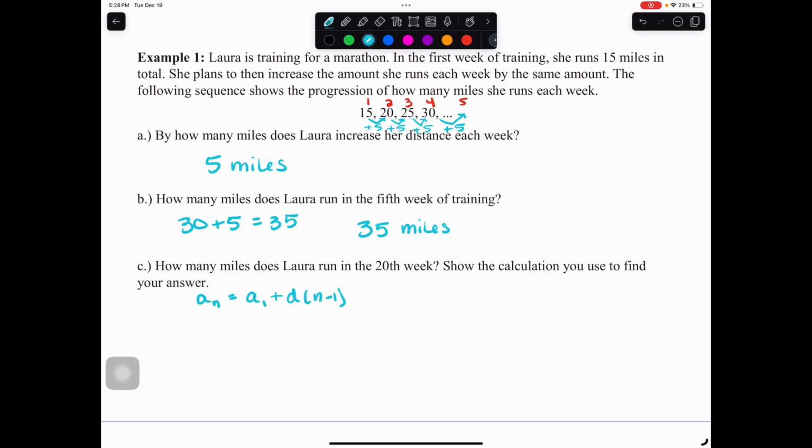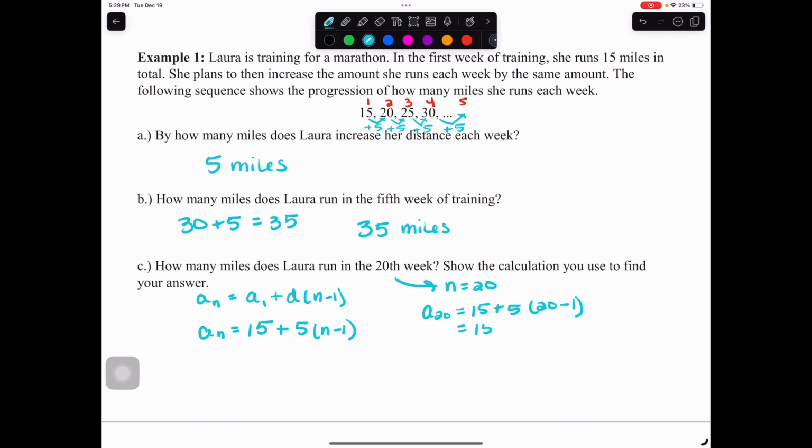For us, we're going to put in what we know. A sub n equals the first term for us is 15, plus the common difference we figured out in part A is 5, and then we have n minus 1. That formula will get us any term in the sequence. So when it says 20th week, we're looking at an n value of 20. So I'm going to find a sub 20 by replacing n with 20 in the formula.